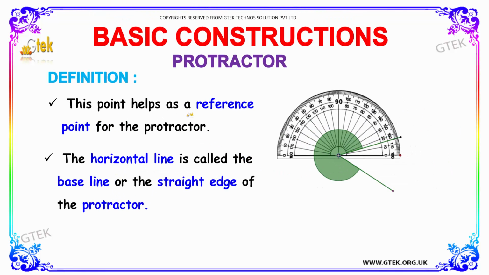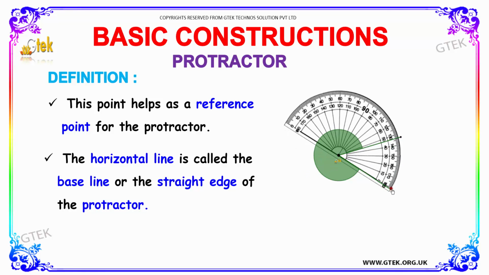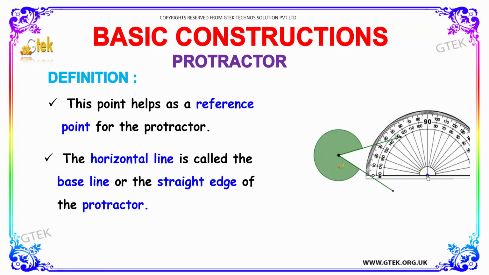Your protractor has a reference point, and the horizontal line is called the baseline or the straight edge of the protractor. So this point is your reference point, and the line over here is the baseline of the protractor. And it is used for measuring angles.